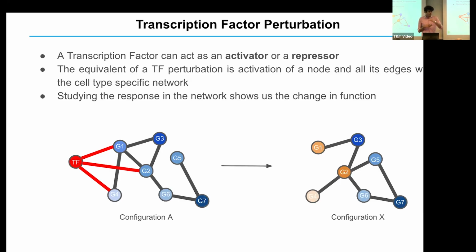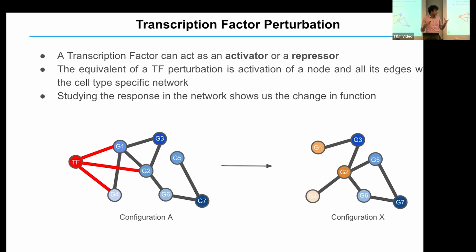You can see how it affects the edge structure of all the other nodes, and we can see that there are certain genes that have been affected, and they have their nodes changed. So think of this as an edge that didn't exist before, but now exists. If this is a transcription factor, then the expression of further genes will also get affected. Further genes will get activated, further genes will get repressed, and so on.